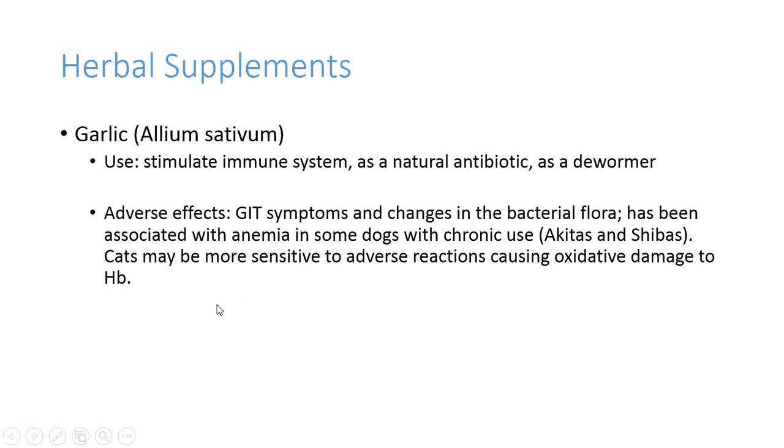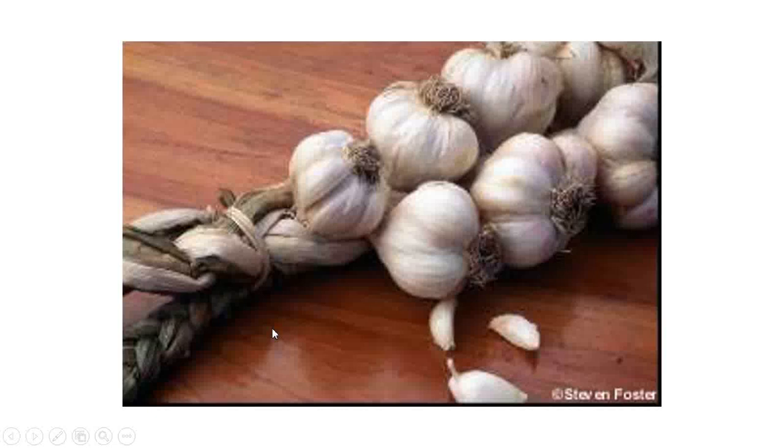Cats may be sensitive to the oxidative damage caused by this, and the hemoglobin damage causes red blood cell rupture, so be careful with this in cats. I've used garlic in dogs as a vermifuge or as a deworming agent without any problems, but again, certain breeds, Shiba Inus, Akitas, Keeshonds, always be very careful with them. Of course, it's garlic.